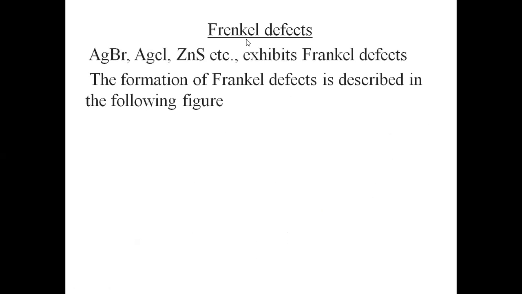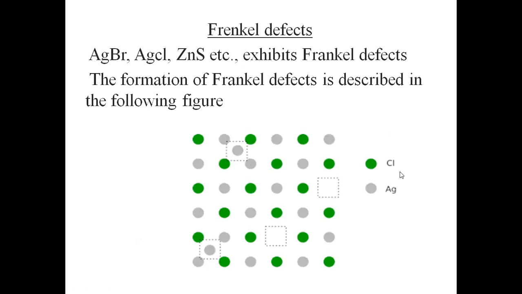Examples of Frenkel defect: AgBr, silver bromide, AgCl, silver chloride, and zinc sulfide exhibit Frenkel defects. The formation of this defect is seen in the following diagram. In AgCl, we have Cl minus and Ag plus atoms.